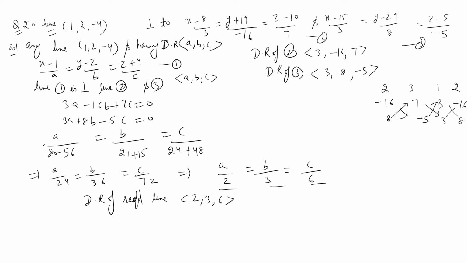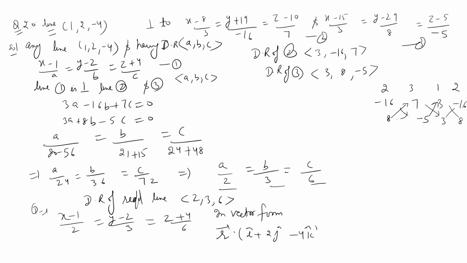So equation 1 changes to x minus 1 upon 2, y minus 2 upon 3, z plus 4 upon 6. In vector form, the equation is r equals i plus 2j minus 4k plus lambda times 2i plus 3j plus 6k, which is the required equation.